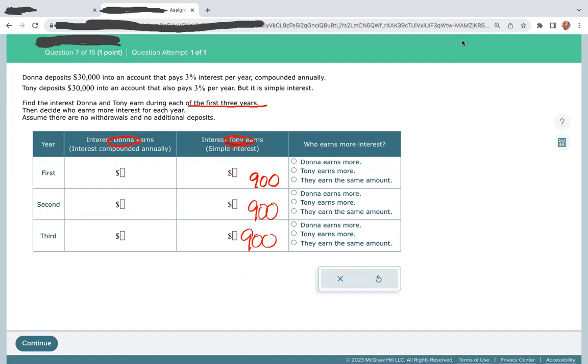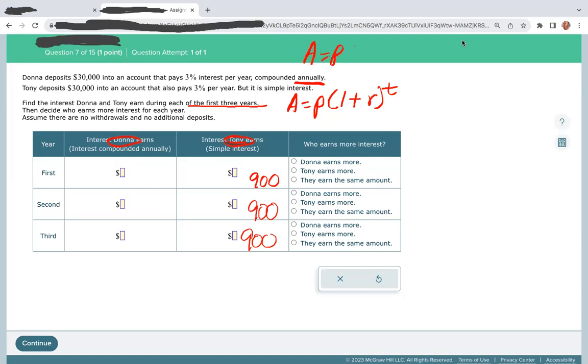The compound interest formula we're going to use is A is equal to P times 1 plus the rate, which is your R, raised to the T power. Now, remember, the interest is compounded annually. That is why I'm using the simplified form of the formula.